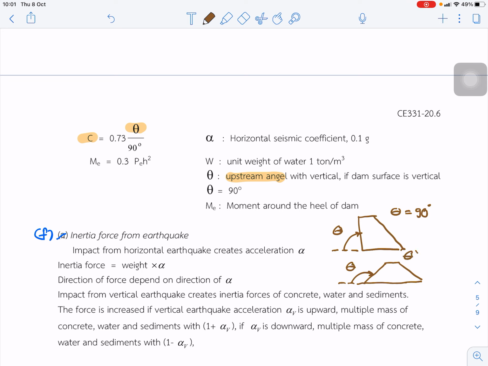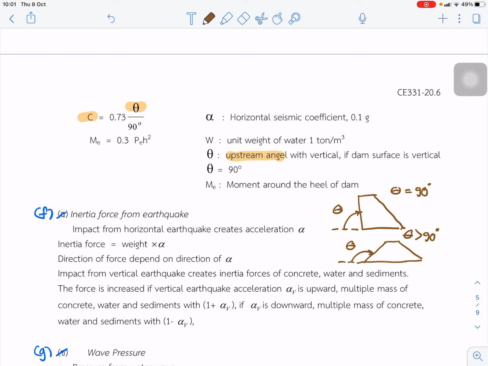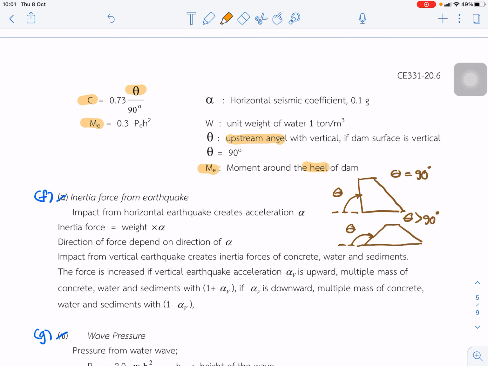So in this case, theta is greater than 90 degrees. If theta is 90 degrees, C is 0.73. And this is an equation for the moment at the heel. M is the moment around the heel of the dam. And W is the unit weight of water, 1 ton per cubic meter.